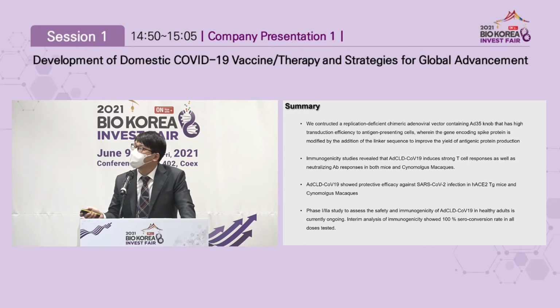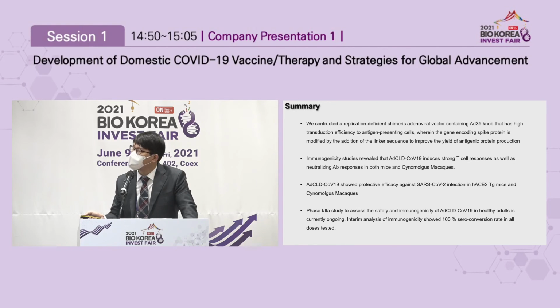So in summary, the vaccine that we use is an adenoviral vector, and it uses the AD35 vector, and the antigen uses our unique patented item. And our vaccine showed T-cell reaction and neutralizing reaction based on both mice and monkeys.